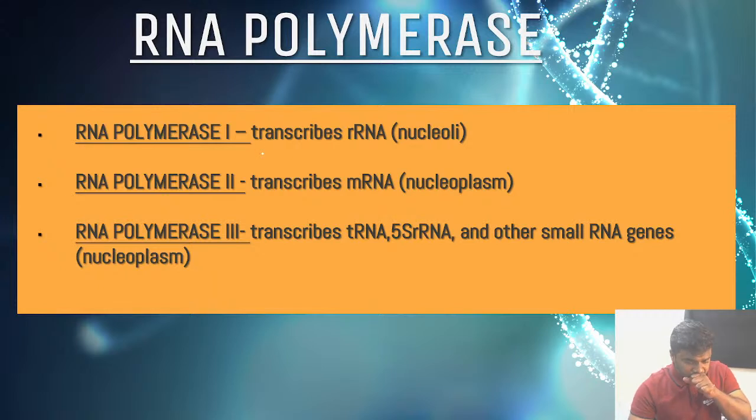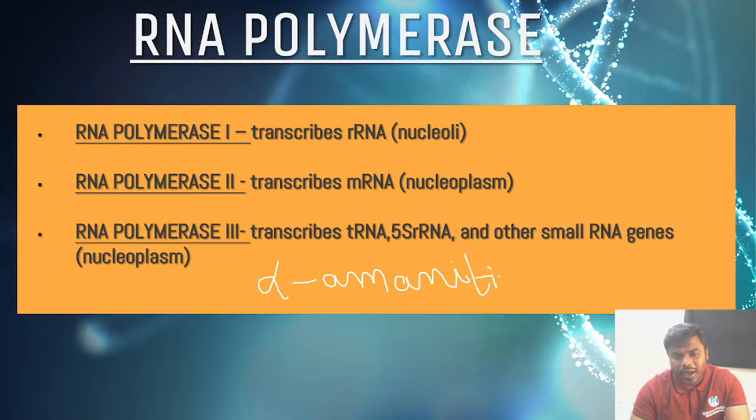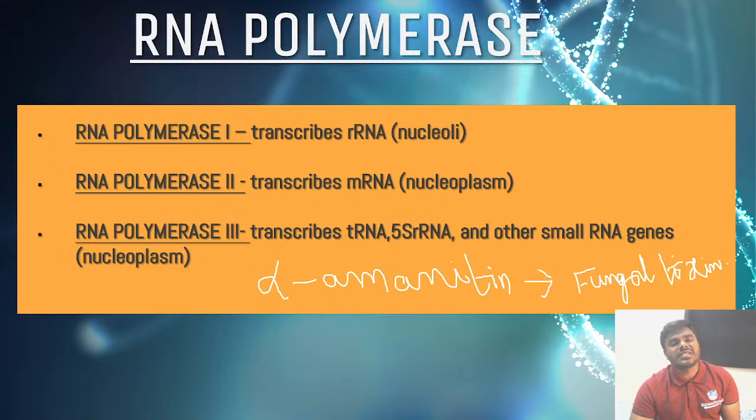RNA polymerases 1, 2, 3 all show sensitivity to a fungal toxin named alpha amanitin. Alpha amanitin is a powerful fungal toxin to which the RNA polymerases show sensitivity.